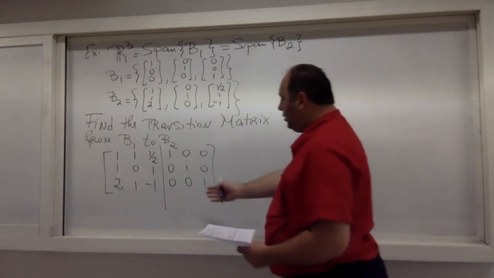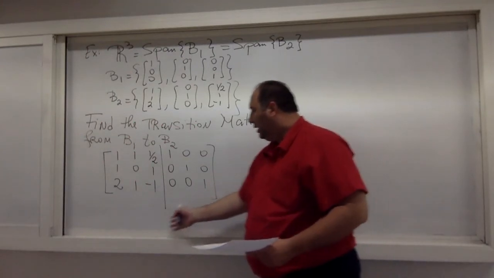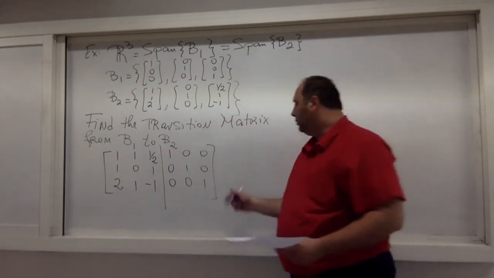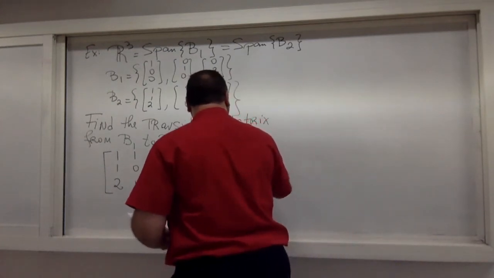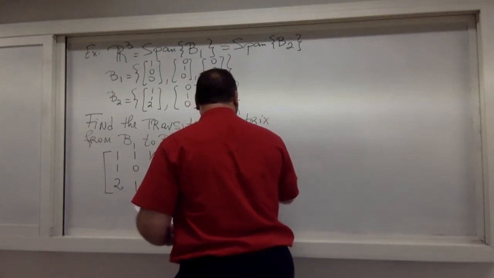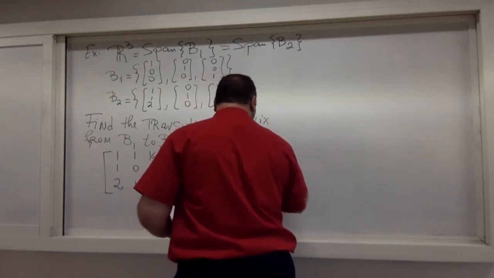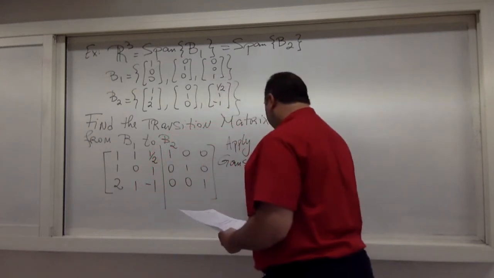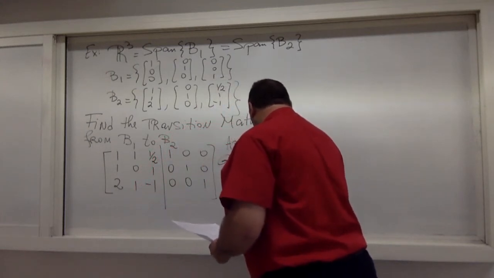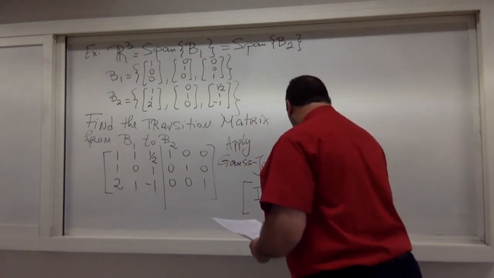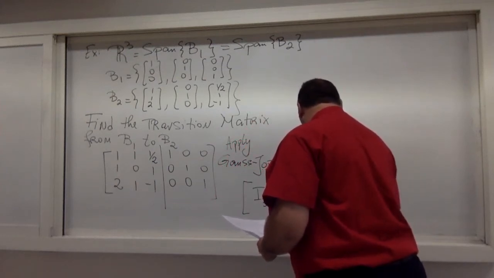So once I solve this, I'll get identity on this side here and transition matrix on this side. So apply Gauss-Jordan until you get identity 3 by 3 here, and the transition matrix will be here.